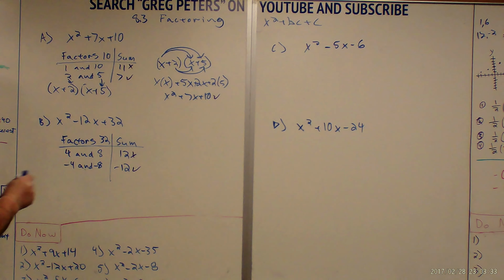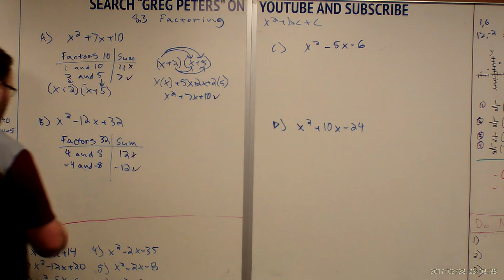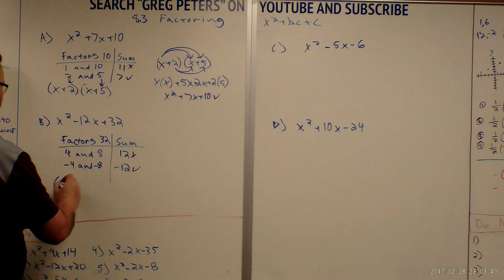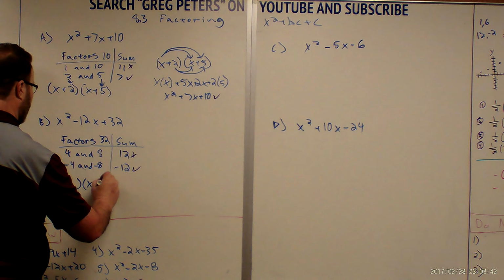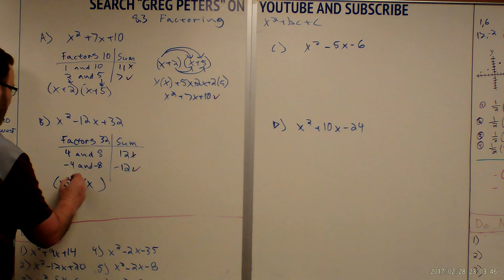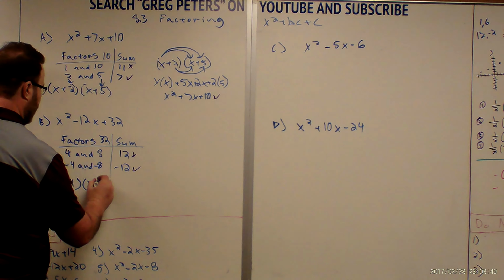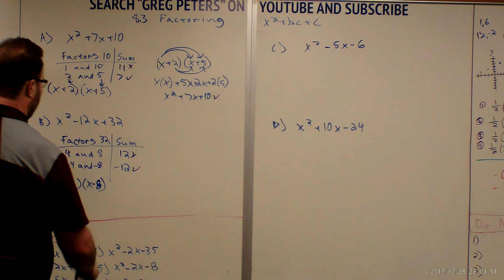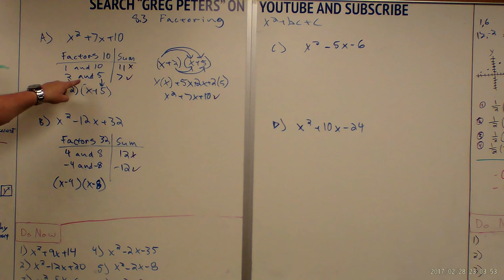So now we have our FOIL components. So get in the habit of doing this. You're going to write x, parentheses, x, parentheses. Okay? And then from there, this is negative 4, so we know it's minus 4. And this one's negative 8, minus 8. So if there's no symbol here, we know that it's positive, and negative will show the symbol.